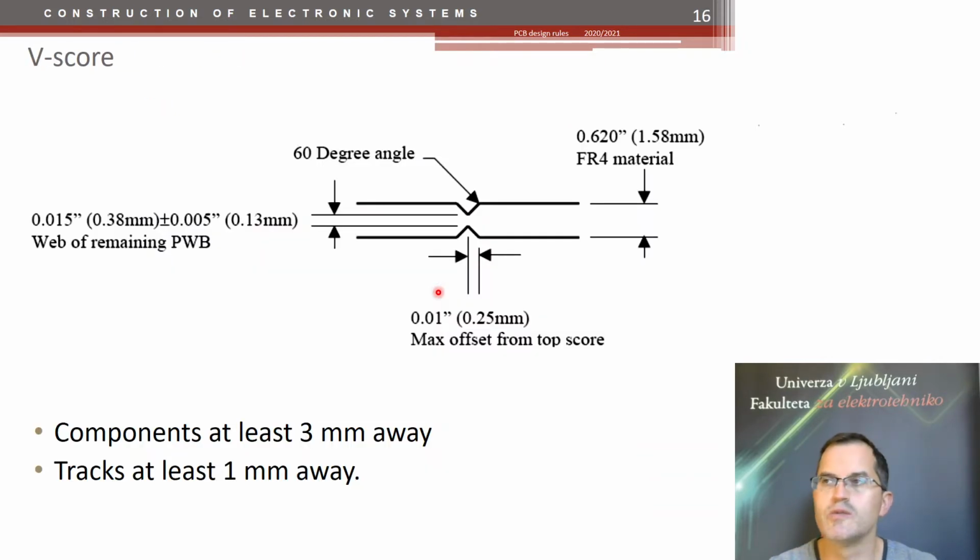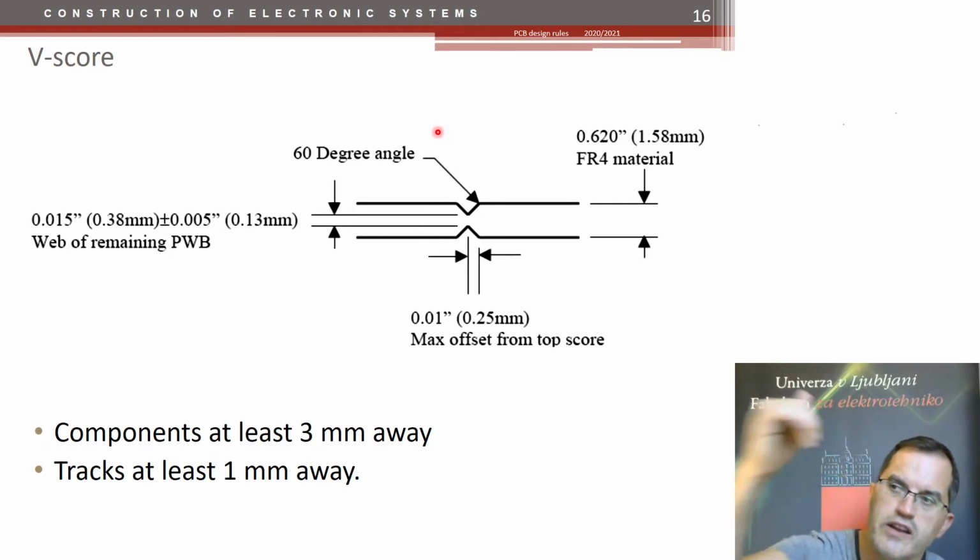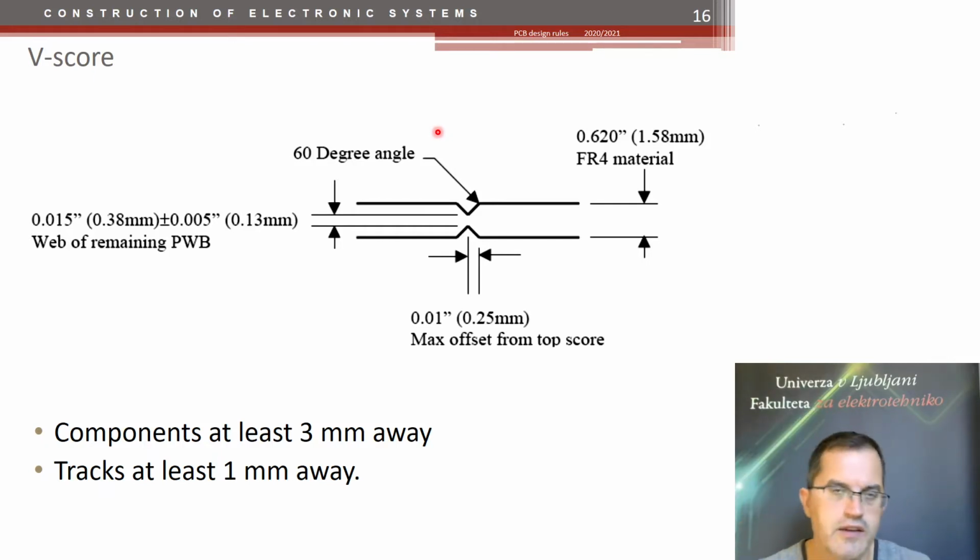You can also use v-scoring. V-scoring is actually just milling your PCB with a mill in a triangular shape, and here the PCB is weakened, and you can cut it, or you can break it off.